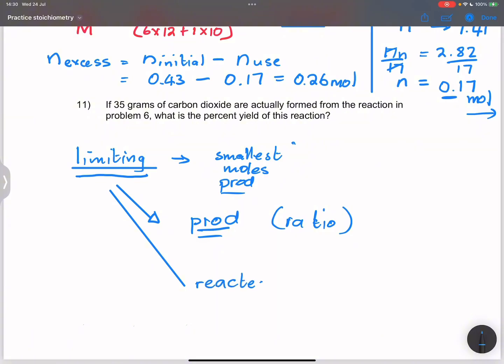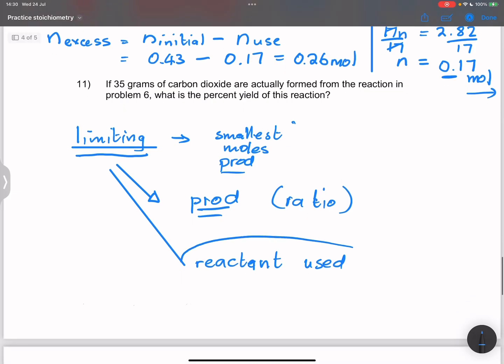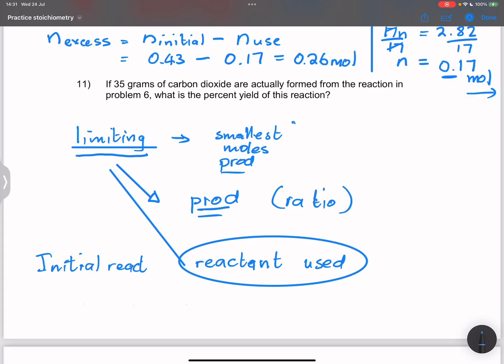Once we get the reactants used, we compare with the initial reactants, in moles, minus the ones that are used, and that will give us the excess moles.